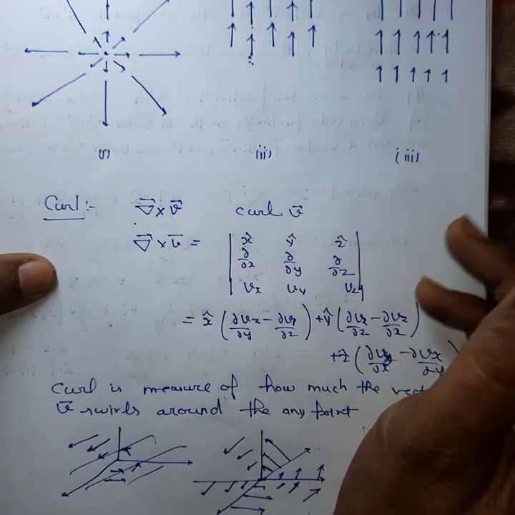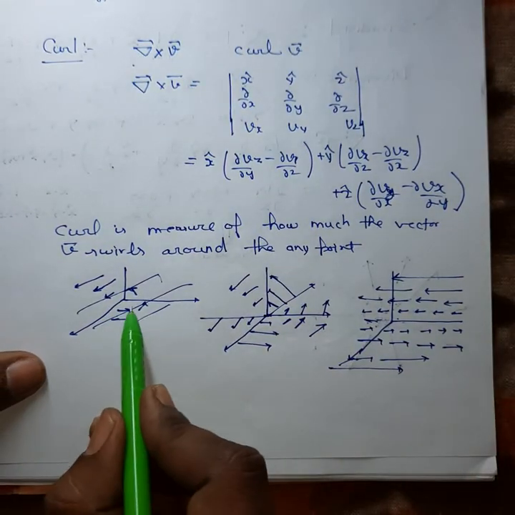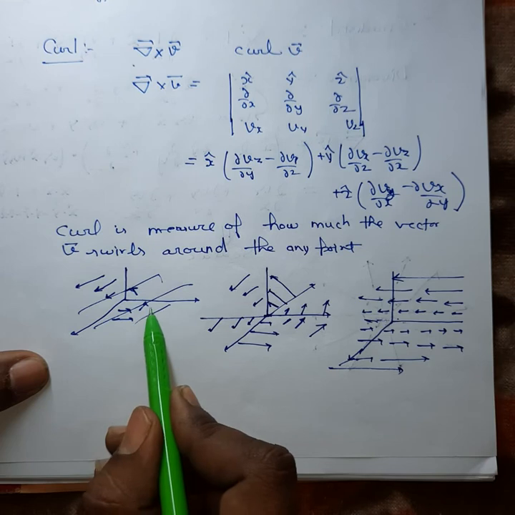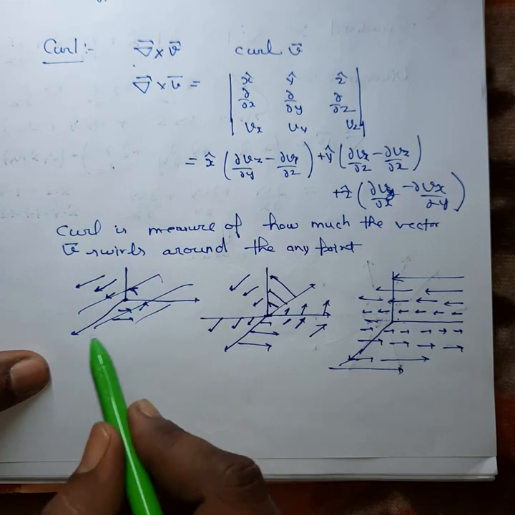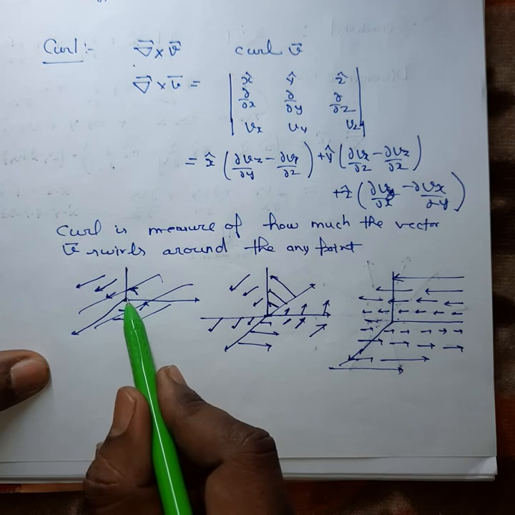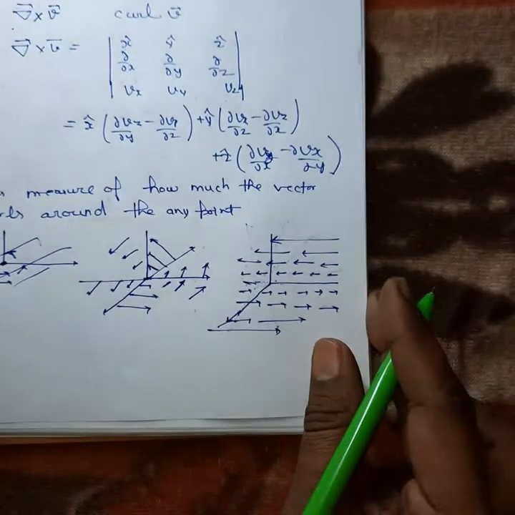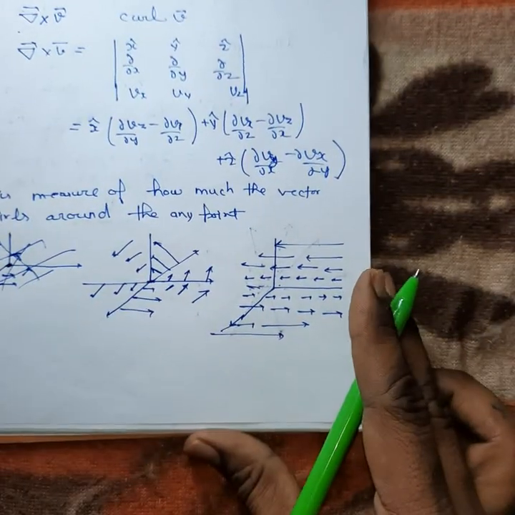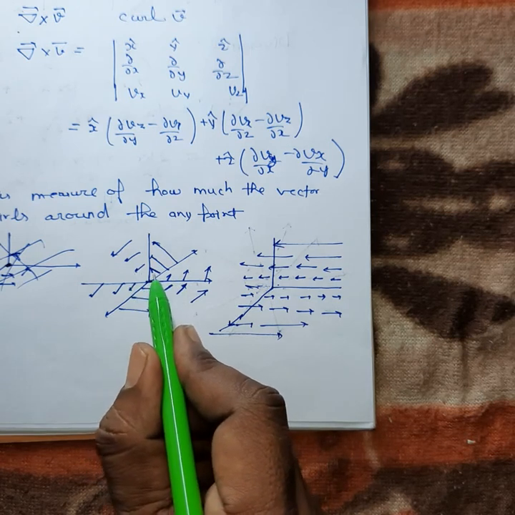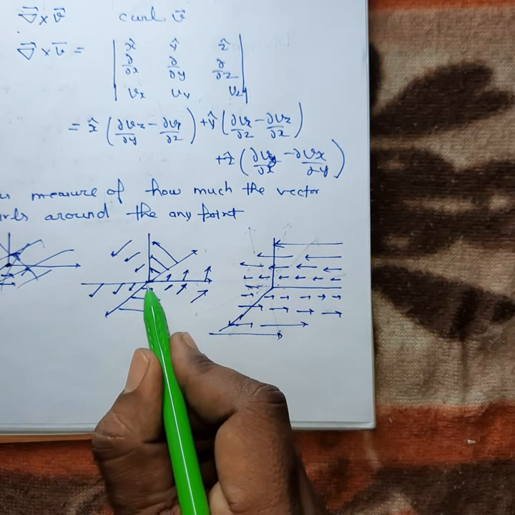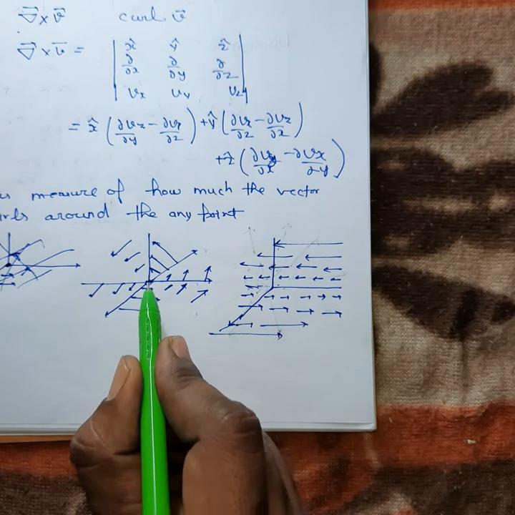So the curl of this field diagram is 0. But if you look at these pictures, you see that these vectors are moving around, with a finite swirl around some point, around the origin. You can say these vectors rotate, these vectors curl around this point, so it has a curl.